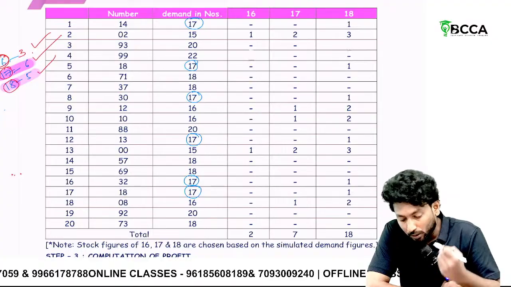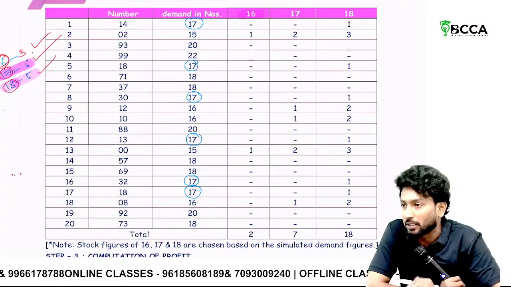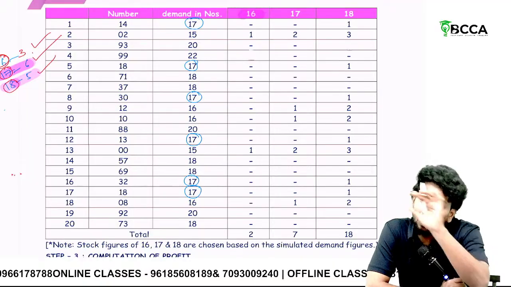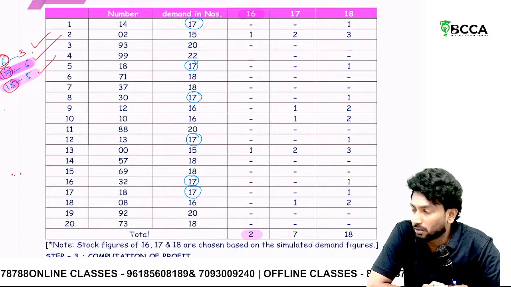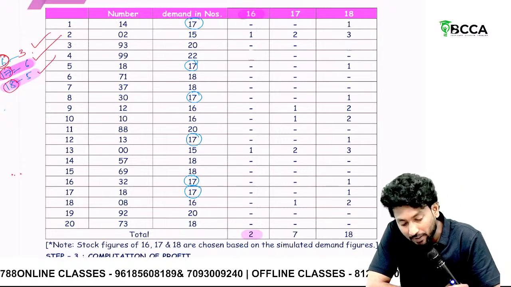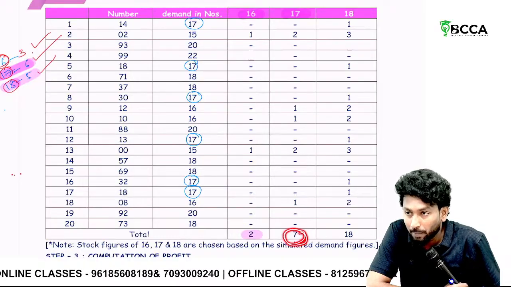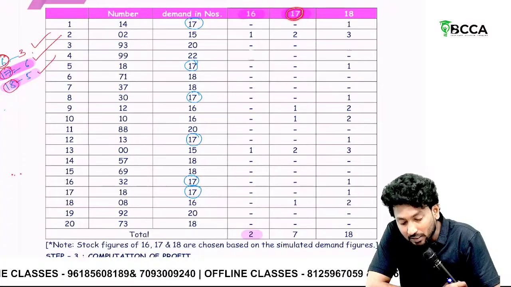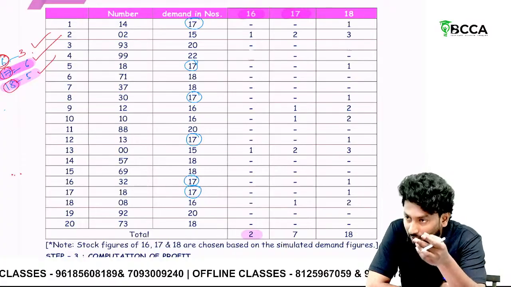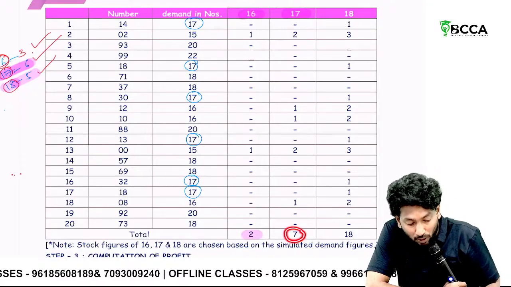If the manager orders 16 books for the next 20 periods, the total number of books unsold is 2. For 17 books, the total unsold is 7.